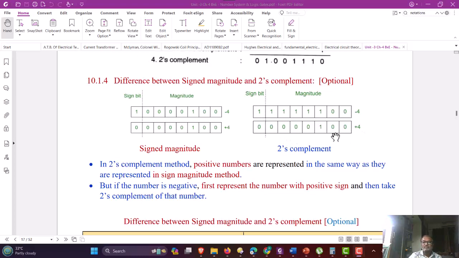Whereas for positive numbers, since the sign bit is 0, the remaining bits after the last significant one are extended by zeros.